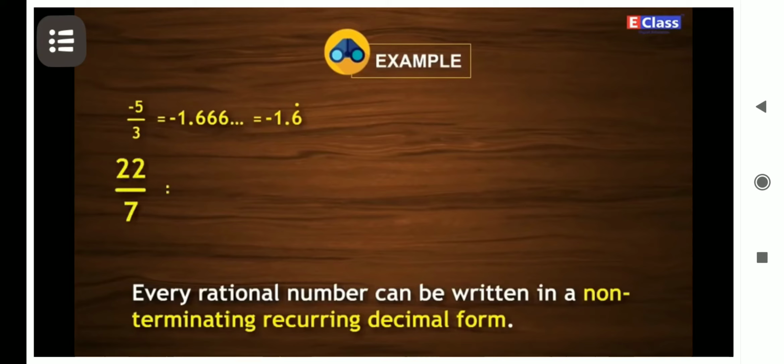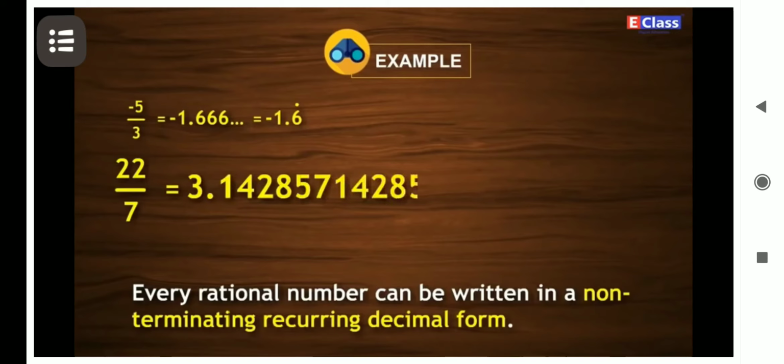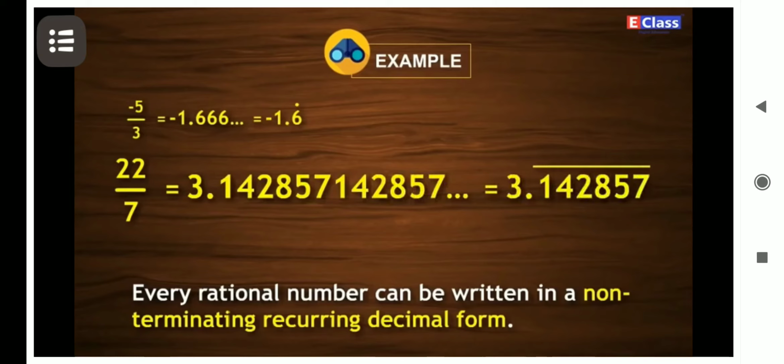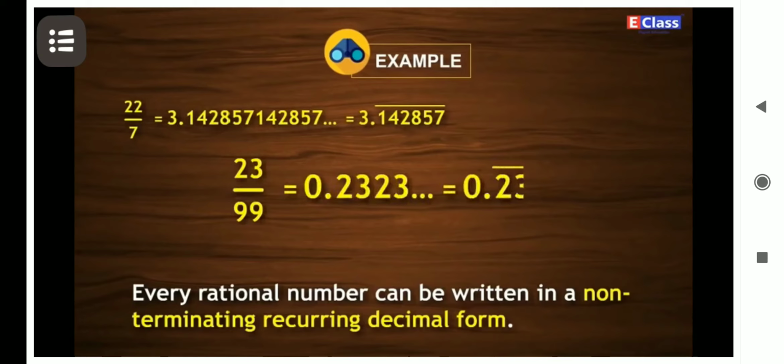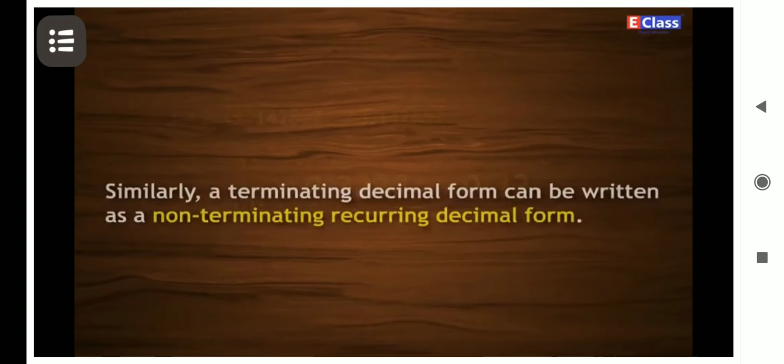22 by 7 is equal to 3.142857142857, which is equal to 3.142857 bar. 23 by 99 is equal to 0.2323, which is equal to 0.23 bar.